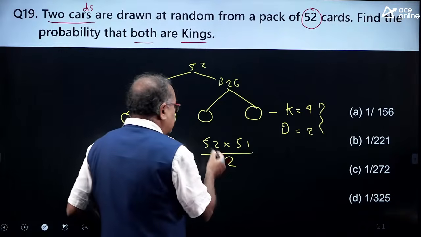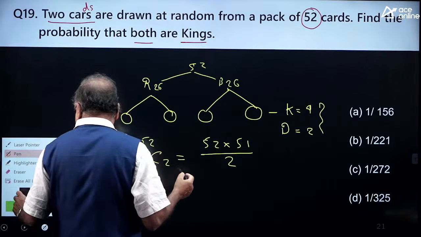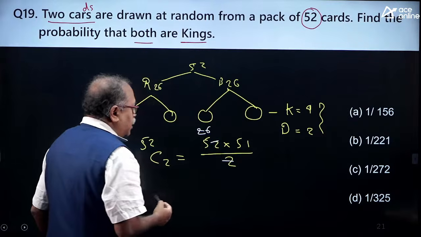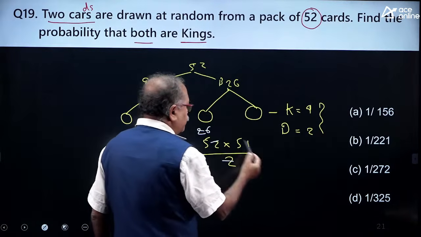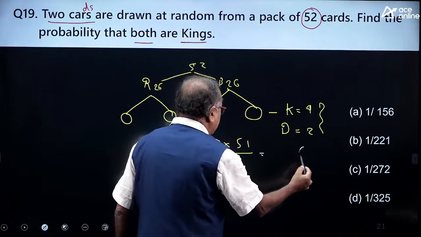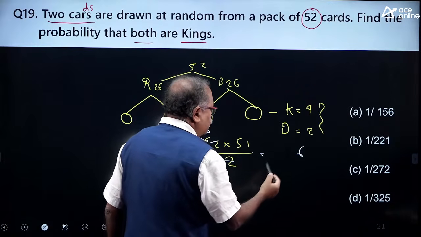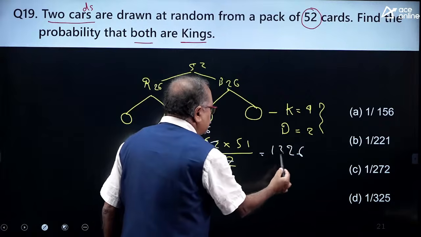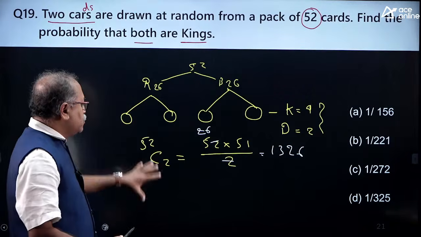And you notice that this gets cancelled 26 times, and 26 into 51, if you use the speed method, that is 6, and 32 carry 3, and 10 plus 3 is 13. So this is your total outcome.